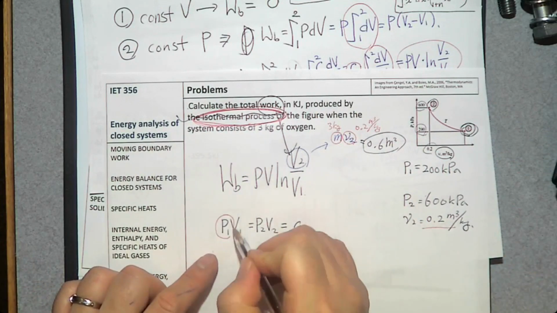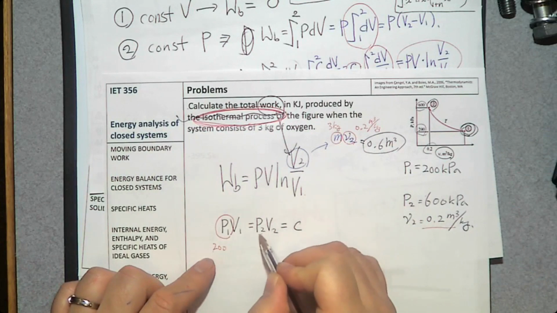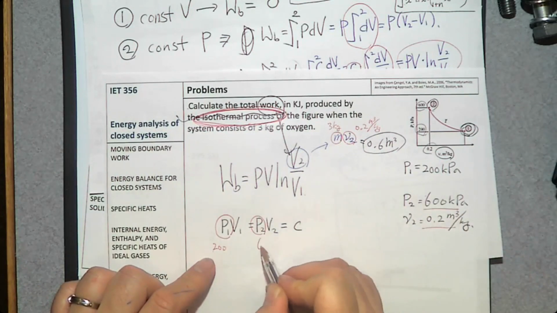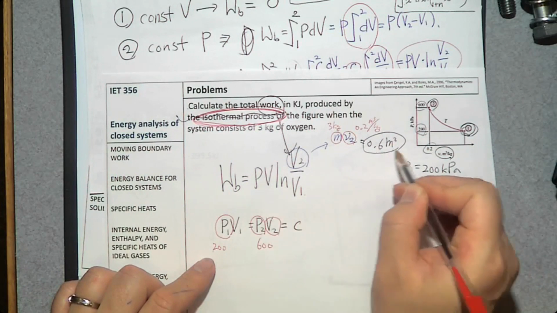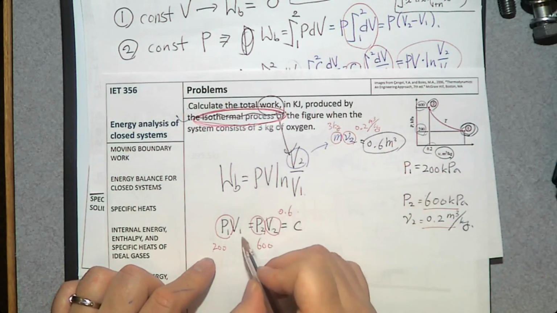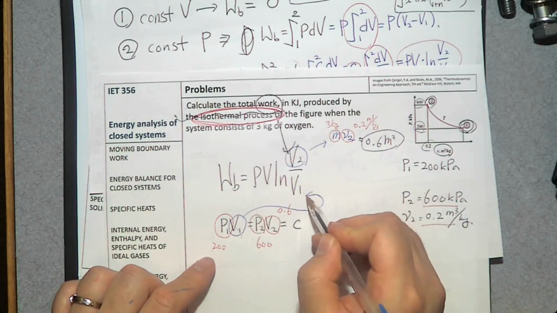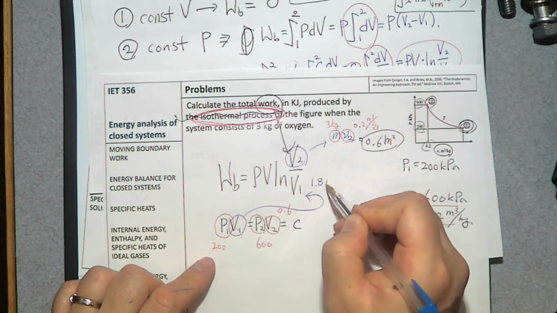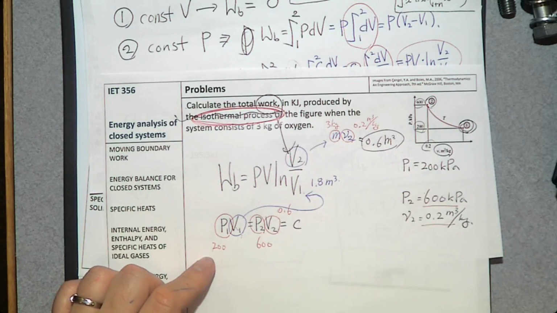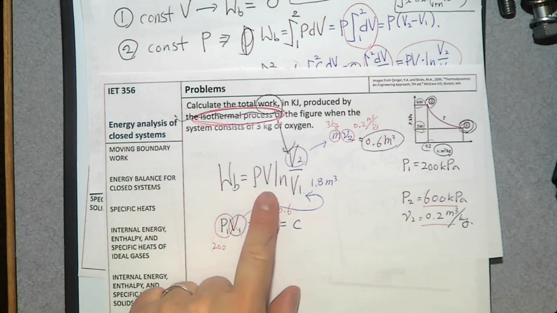What is P1? 200 kilopascal. What is P2? 600 kilopascal. What is V2? 0.6 cubic meters. What is V1? 1.8 cubic meters. Then what about PV? We can say P1 V1 or P2 V2.